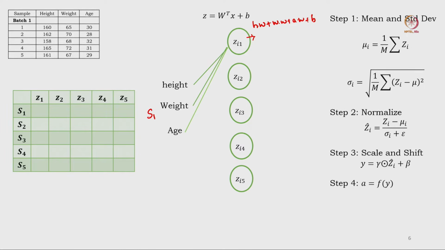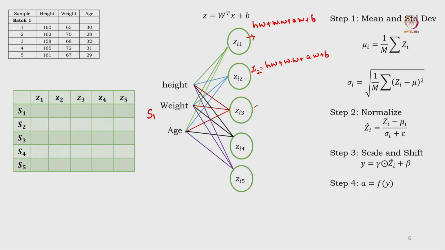Then you establish this connection, and here at Z2 you will once again calculate height multiplied with the weight, weight feature multiplied, age gets multiplied plus bias. Then at the third you will perform the operation, here also, and here also you will perform the operation.